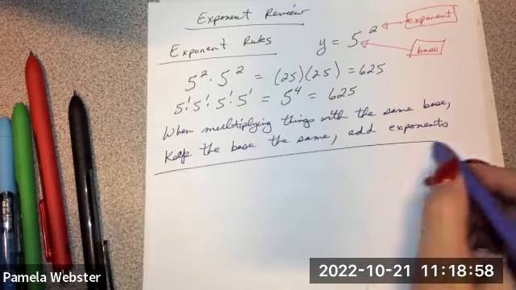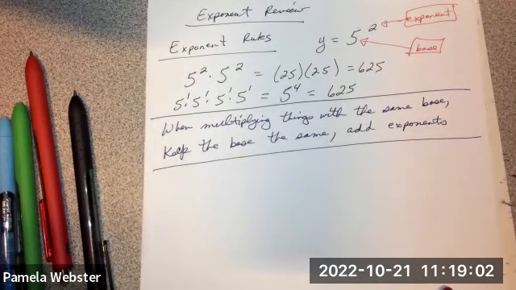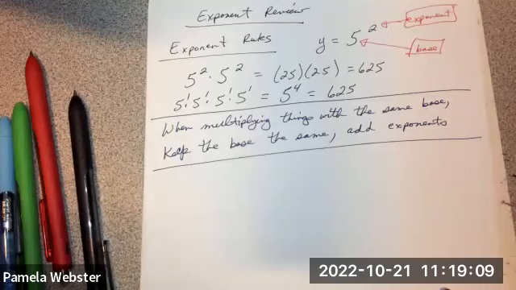That's our rule for multiplying things with exponents that have the same base: keep the base, add the exponents.